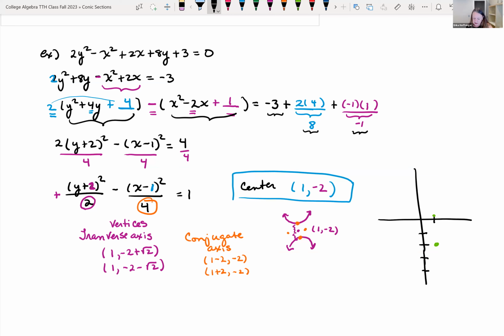Minus root 2 is a little less than -4. The other one, I would have -1, -2. And I would have 3, -2.